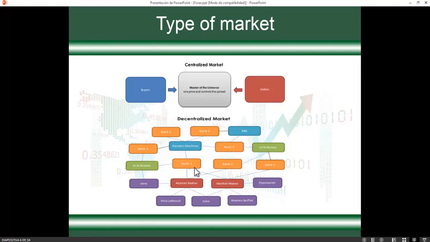You have banks in between, in this case a Reuters machine, which is the Reuters network, and they all buy and sell from them. You have the ECN brokers that also participate with interbanks, and then you have the market makers, which are all of the brokers that you will be using to deposit your money and trade through, unless you have a lot of money.